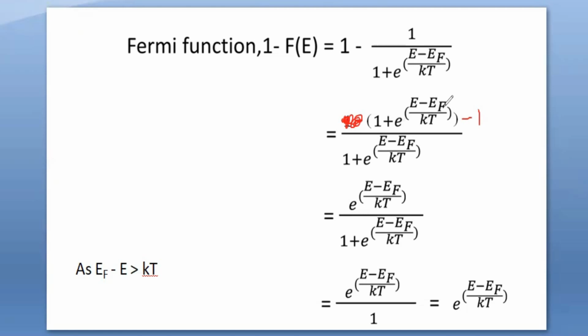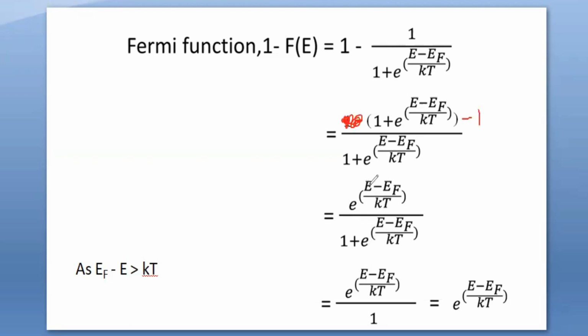Where EF is our Fermi energy level and E is the energy level we are considering here, the energy levels in the valence band. So this E is always less than EF, so EF minus E is greater than kT, so E minus EF is less than kT in magnitude. Therefore, we can neglect this exponential as very small.